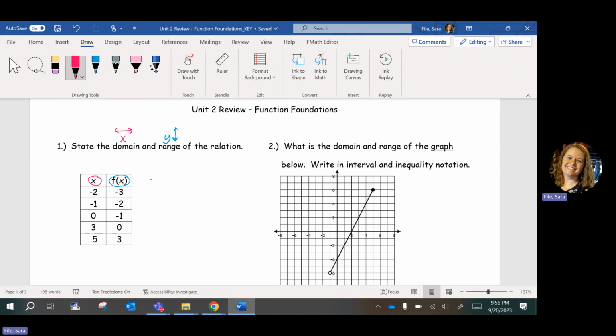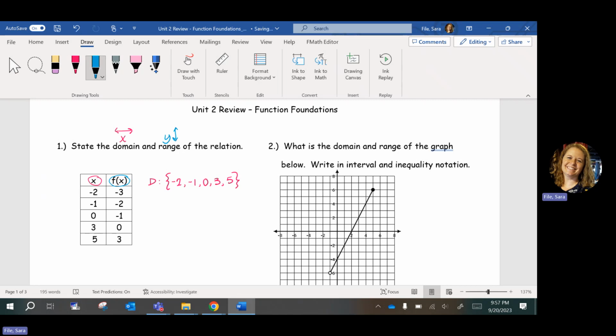So when I list the domain, I am literally just going to list the values. We use that little squiggly bracket. This is called set notation, and I'm just going to list all of the values in the domain. So I am just listing all of the x values, and I do this from least to greatest. So -2, -1, 0, 3, 5.